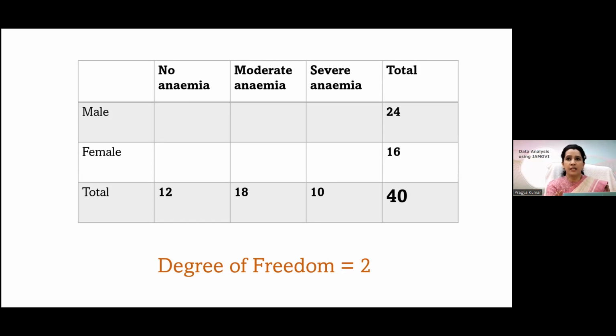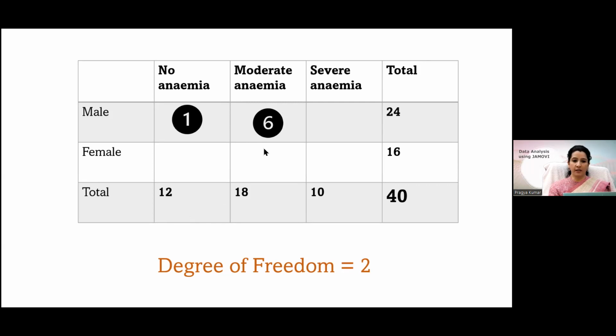We have only understood in this way that in a 2 by 2 table, like this, or a 3 by 2 table. Again, I have selected 40 study subjects, 24 male and 16 female. And no anemia is 12, moderate is 18, and severe is 10. So if I have these 2 cells to choose, I can keep on changing these 2 cells and then the other values are fixed.